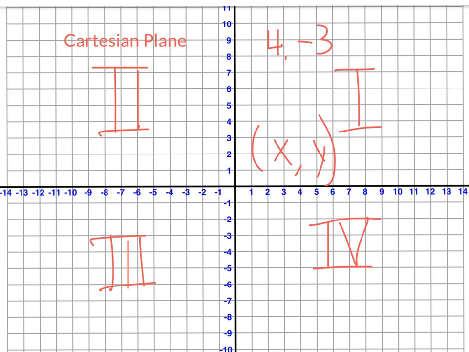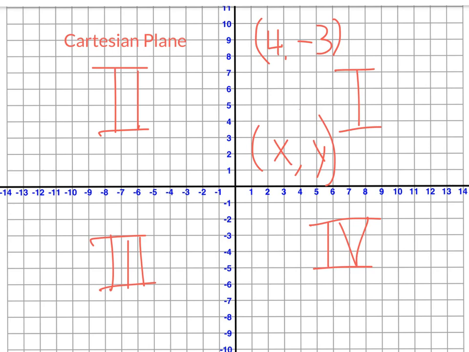We always have these written in brackets around them. (4, negative 3). So how I would find that is, my x value is first, so from the 0 I will go to the 4, and then at the 4 my y value is negative 3, so I will go down to the negative 3. So here's where I would place a point, 4 and negative 3.